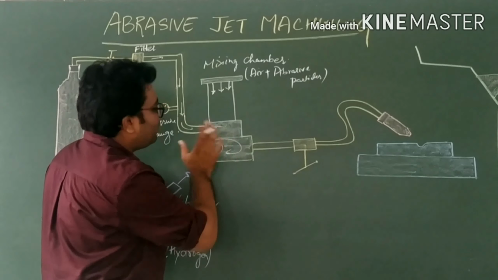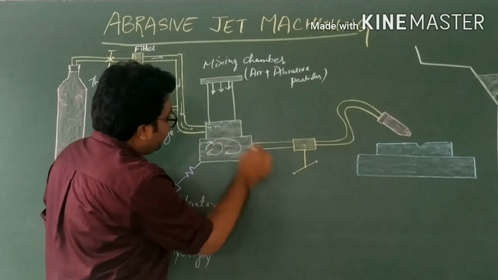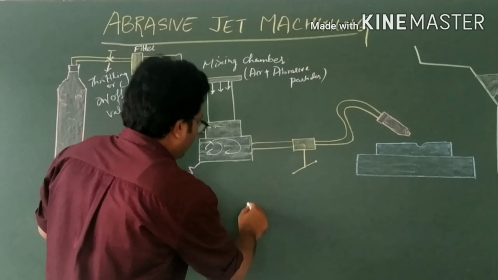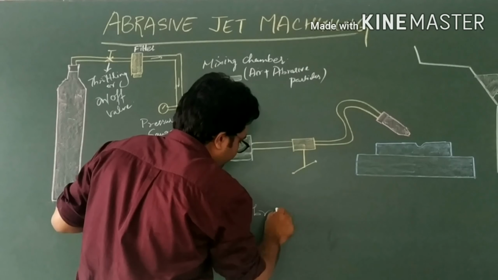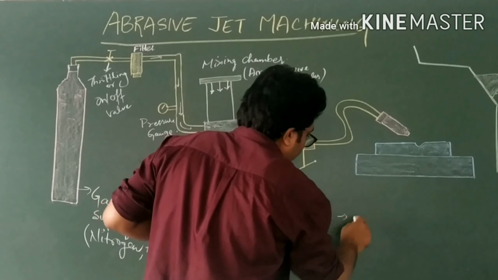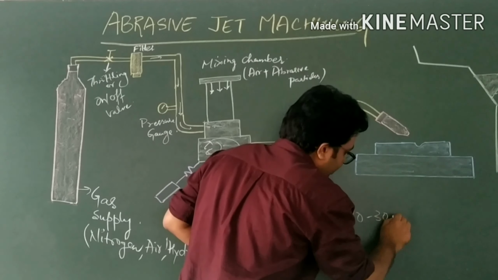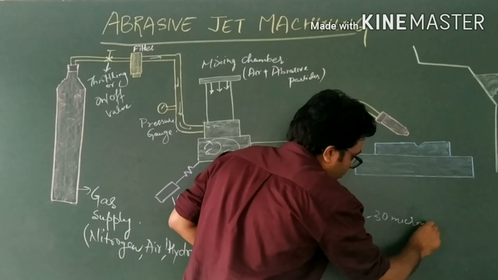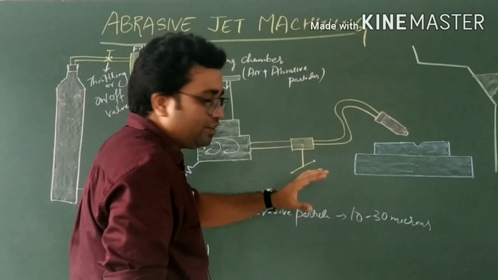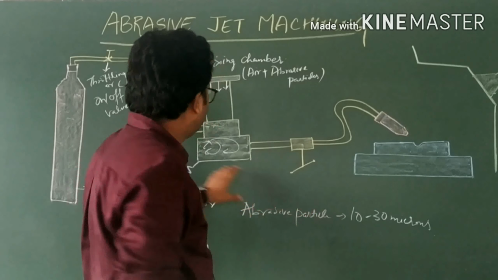If we do not vibrate this, there is a great tendency that the abrasive particles, whose size is 10 to 30 microns, are very small, teeny. We cannot see them with the naked eye.